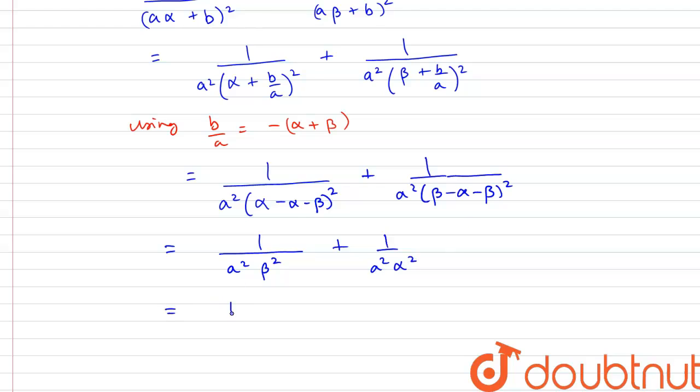This is equal to 1 by a squared can be taken out, so we have 1 by beta squared plus 1 by alpha squared.